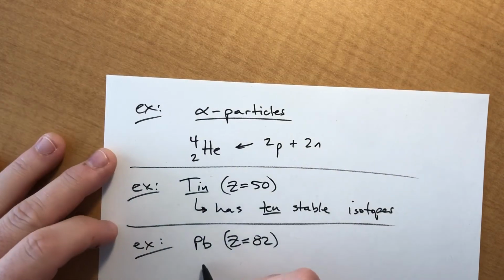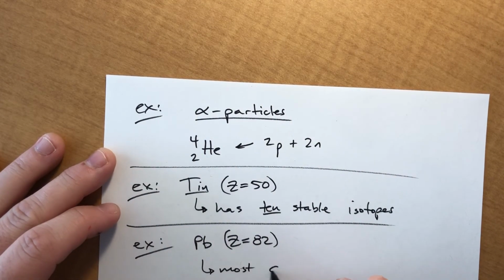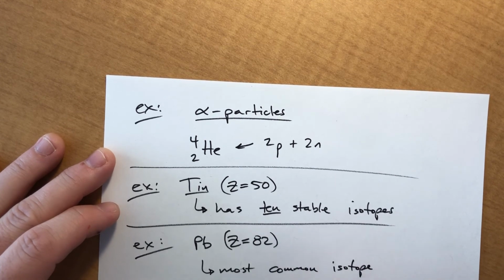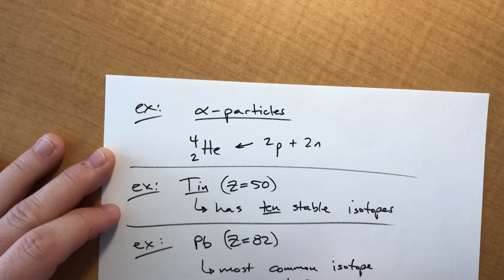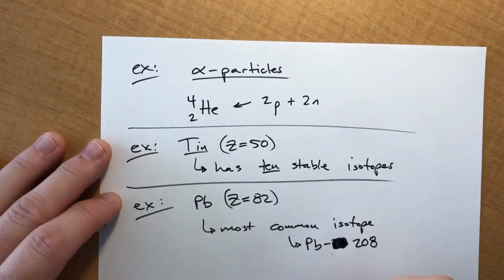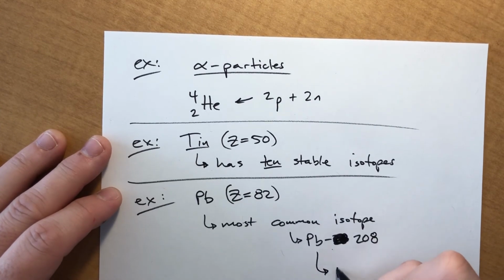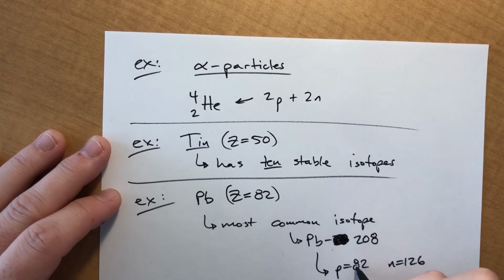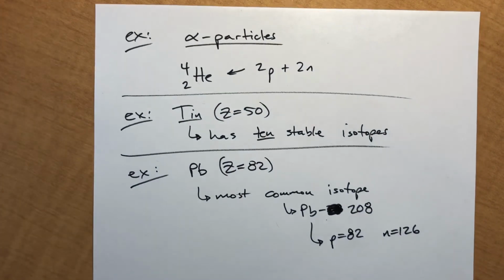And it turns out that the most common isotope is lead 208. If I could write things in the right order. Lead 208, which is essentially the protons is equal to 82 and the neutrons is equal to 126. Okay.